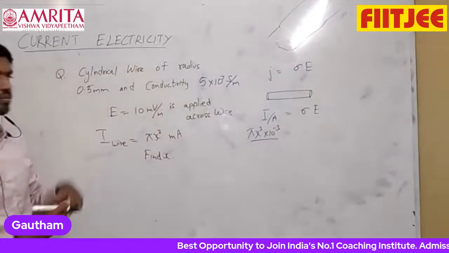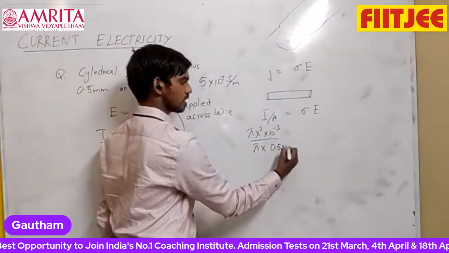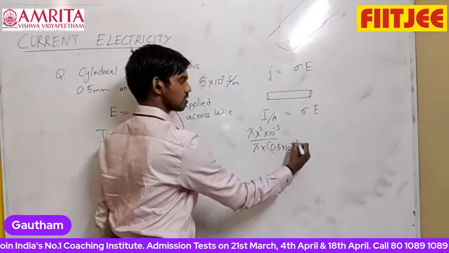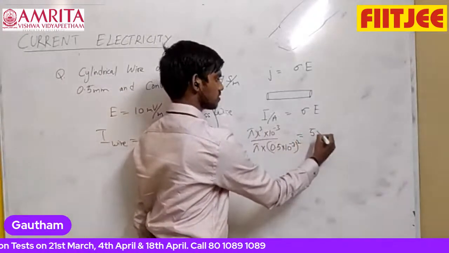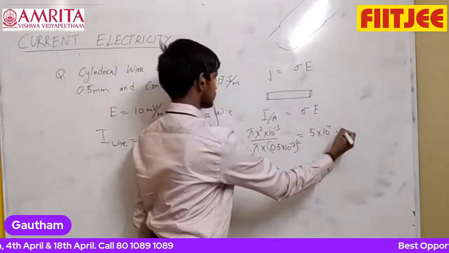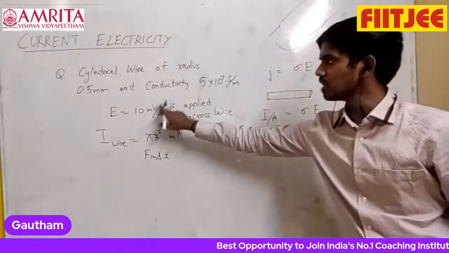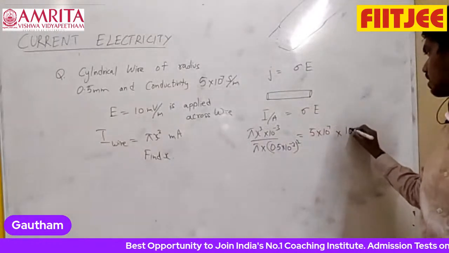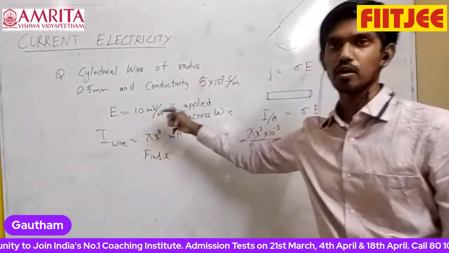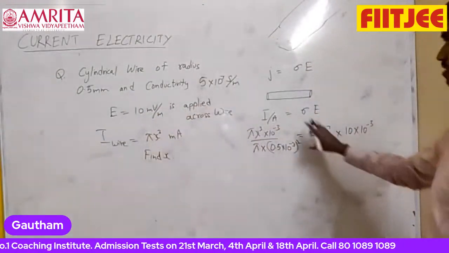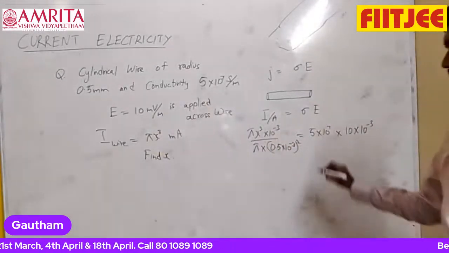Radius is given as 0.5 mm, so pi into 0.5 into 10 to the power minus 3 meters, the whole square. This will be equal to conductivity, which is already given as 5 into 10 to the power 7, into electric field. Volt per meter is the SI unit of electric field. Millivolt per meter means convert to SI unit: 10 into 10 to the power minus 3, because millivolt means 10 to the power minus 3 volts. Now everything is in SI unit. So from here solve this and you can find the value of x cube.